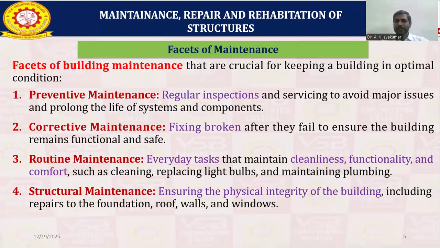Then structural maintenance. From a civil engineering point of view, this ensures the physical integrity of the building, including repair of the foundation, roof, walls, and windows. Whenever we have the occasion, we need to walk around the periphery of the houses. We need to check properly how the foundation is looking, and how the walls, columns, and beams are looking.